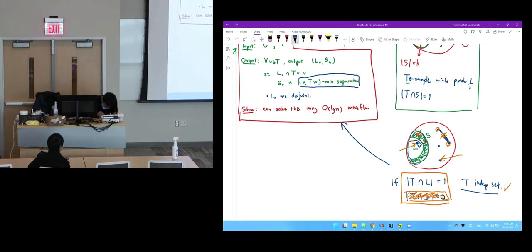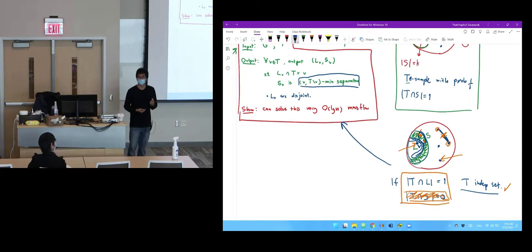So it will return some cut that avoids this guy, and this might not be a min cut anymore, because there are more constraints for the min isolating cut for V. Does it make sense? Okay.